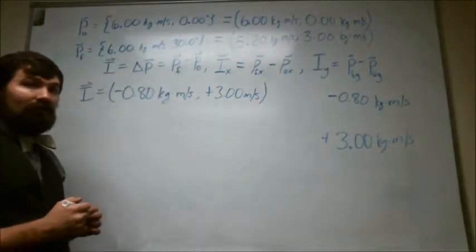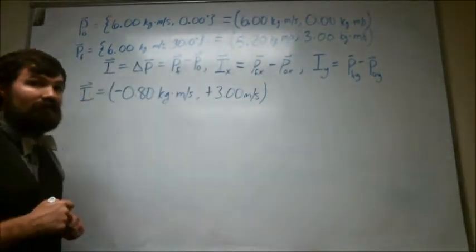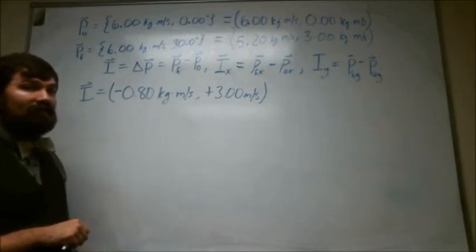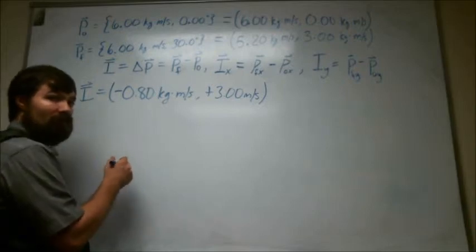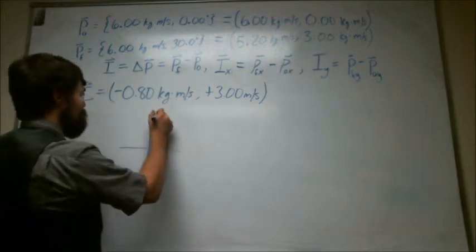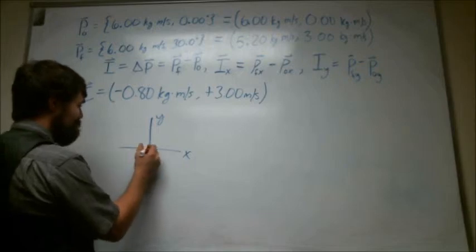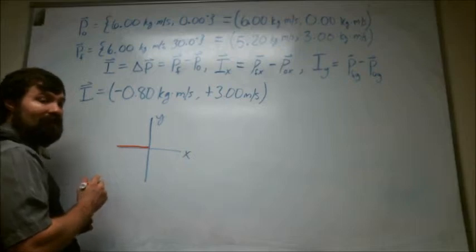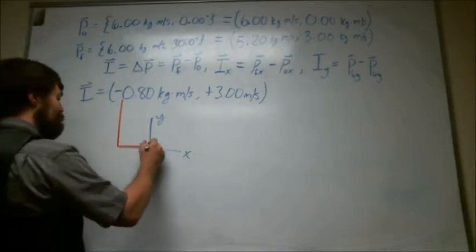Okay, so from there, because I started in polar, I should convert back to polar. In other words, I should find the magnitude of the impulse and the direction of the impulse. So to do that, I can use a little bit more geometry. Basically, I have, again, my x and y's, and what I have is that the impulse goes negative 0.8 in the x direction and positive 3 in the y direction.